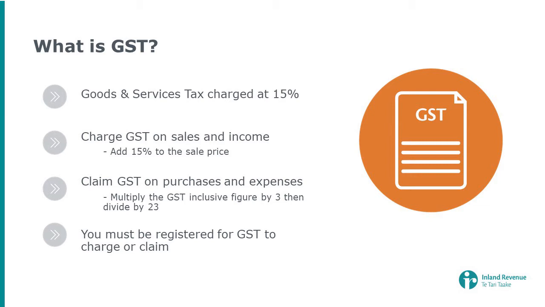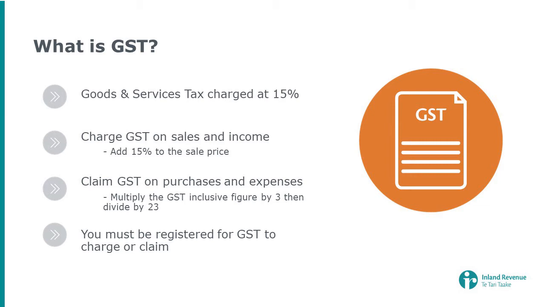If you need to work out the GST on an expense, you don't use 15%. This is because we're trying to work out 15% of the original cost, not 15% of the $115. To do this, we take the total cost, multiply by 3, and divide by 23.